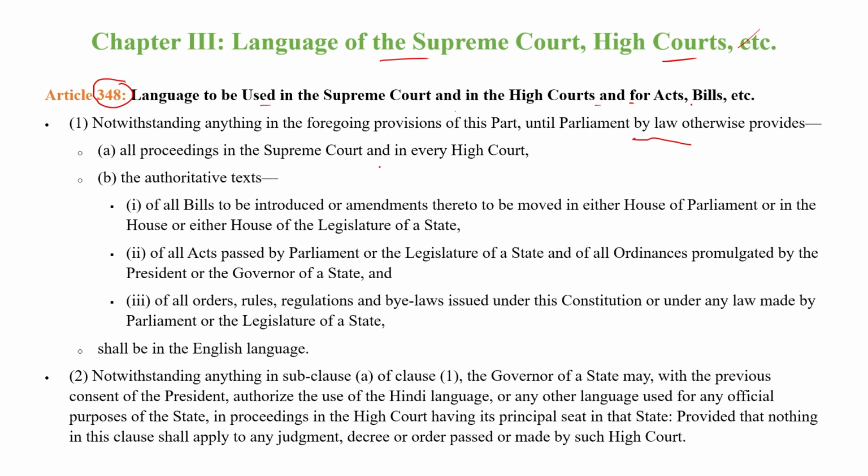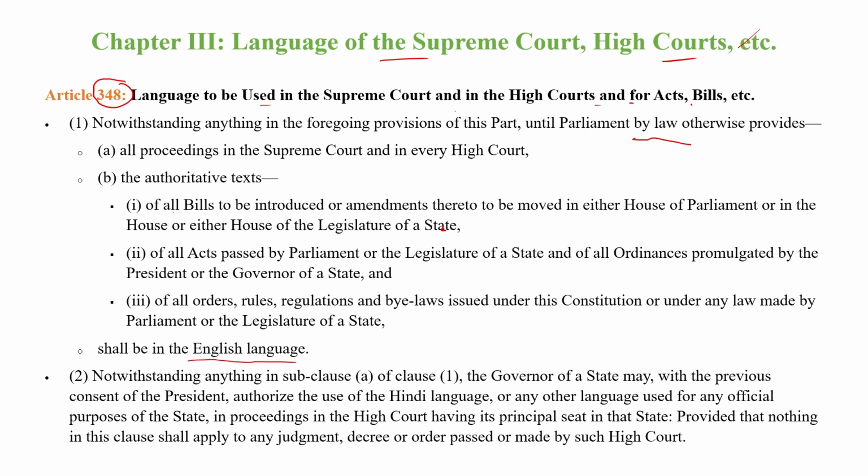All proceedings in the Supreme Court and in every High Court, the authoritative texts of all bills to be introduced or amendments thereto to be moved in either House of Parliament or in either House of the state legislature, all Acts passed by Parliament or the state legislature, all ordinances promulgated by the president or governor, and all orders, rules, regulations and bylaws issued under the Constitution or under any law made by Parliament or the state legislature shall be in the English language.